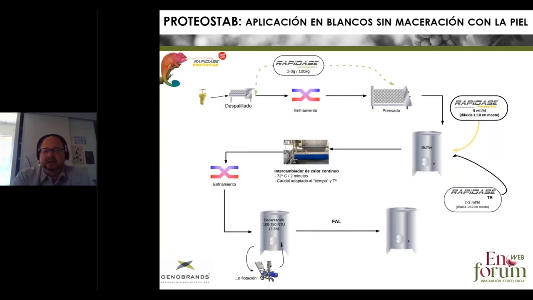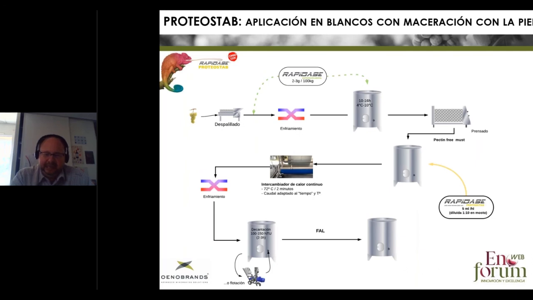We already built some protocols for the application in white and red wines. And you have here the example of the application of protease in white with skin contact or without skin contact.